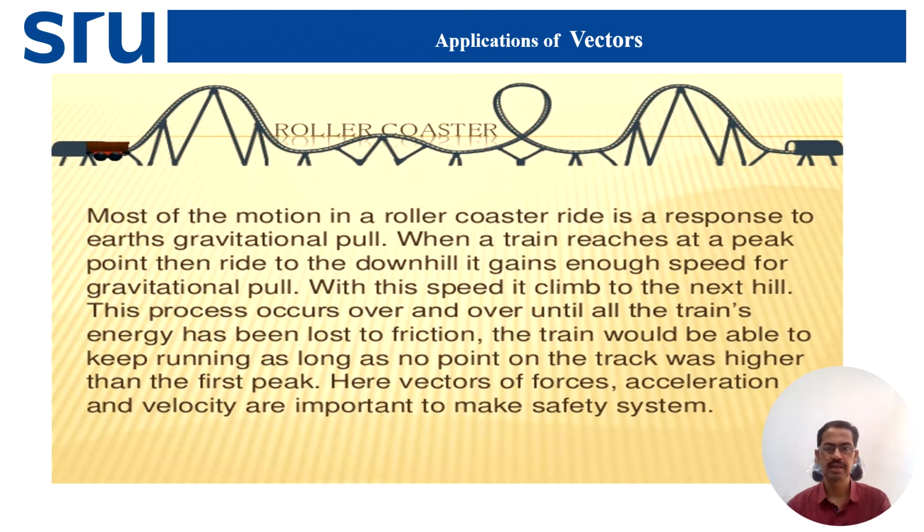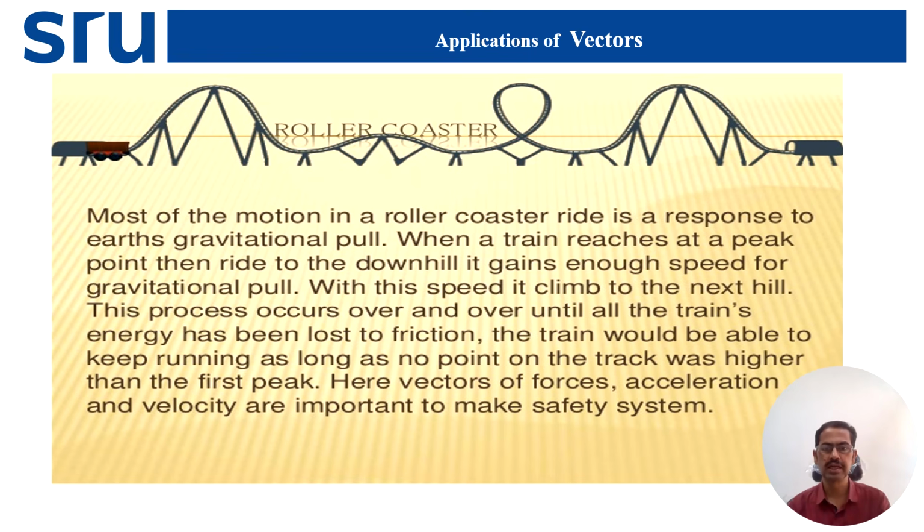How much speed we maintain to use the gravitational pull is important. Otherwise, if the speed is less, the gravitational pull fails, and then it collapses. So with this speed, it climbs to the next hill. The process occurs over and over until all the train's energy has been lost to friction.